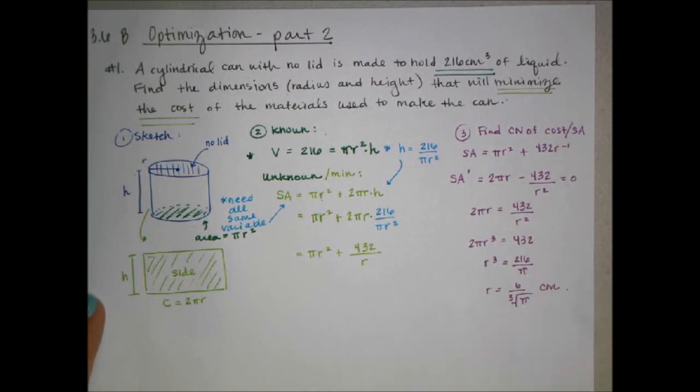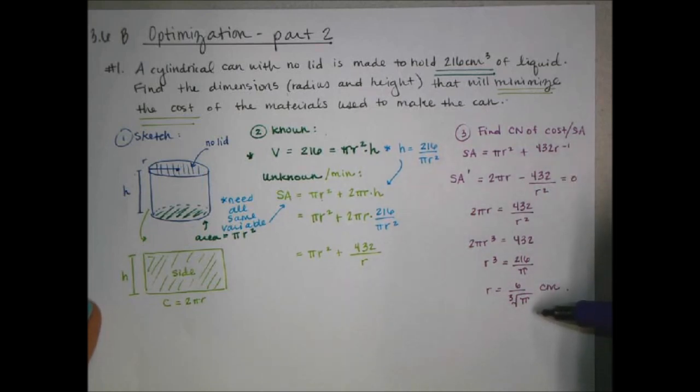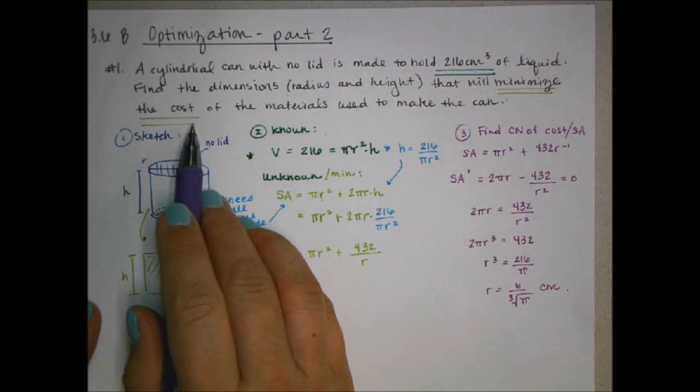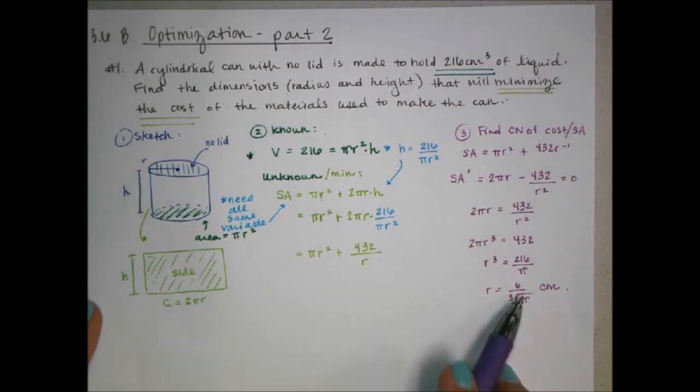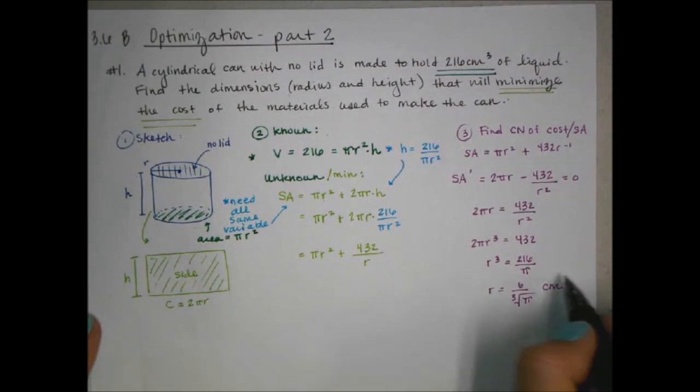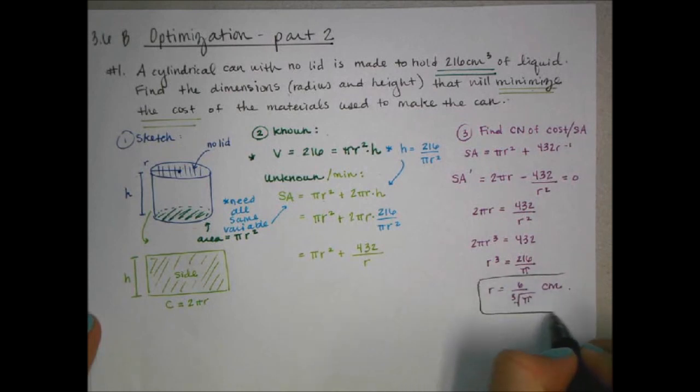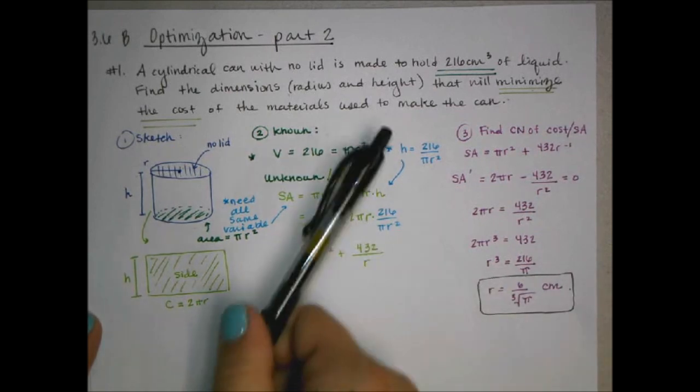So remember, we're asked to find the dimensions that minimize the cost. The cost is the surface area, so we're minimizing the surface area, or finding the critical numbers of the surface area. And in finding the dimensions, we have found the radius. So this is one of my answers. Now I just need the height of the cylinder.